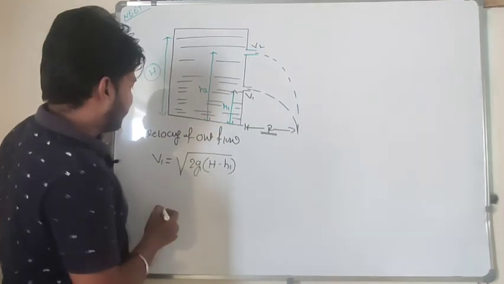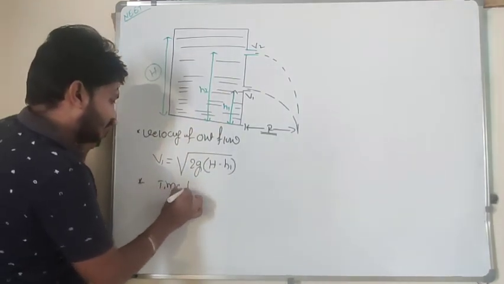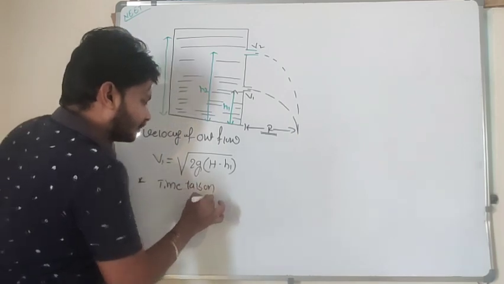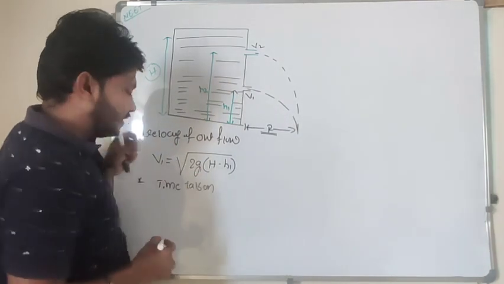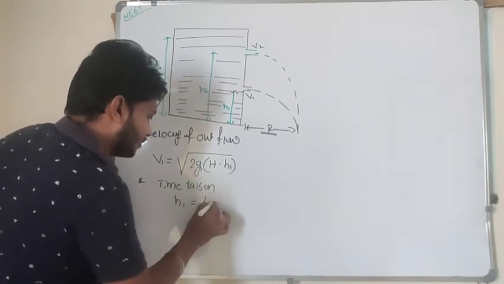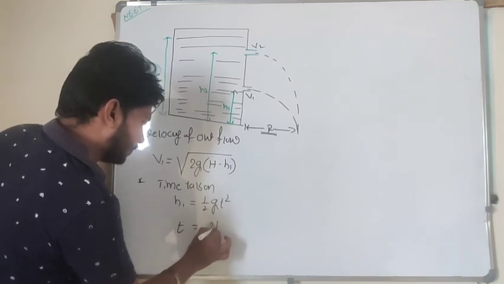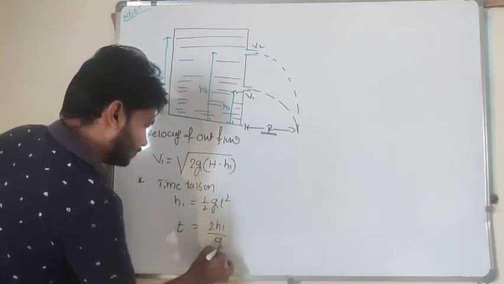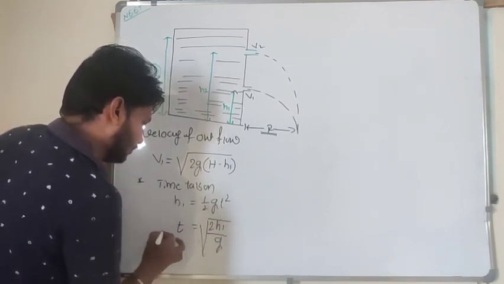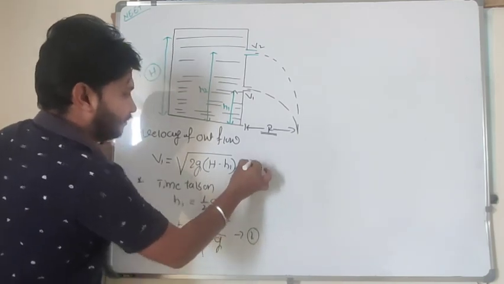So what is the time taken by the fluid to fall? Using S equals ut plus half at squared, here S means h1, which is equal to half g t squared, or the time taken is the square root of 2 h1 divided by g. This I will take as equation 2.